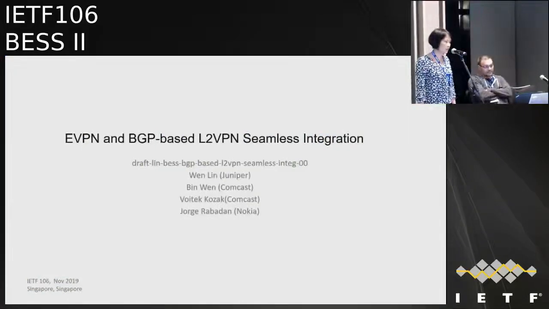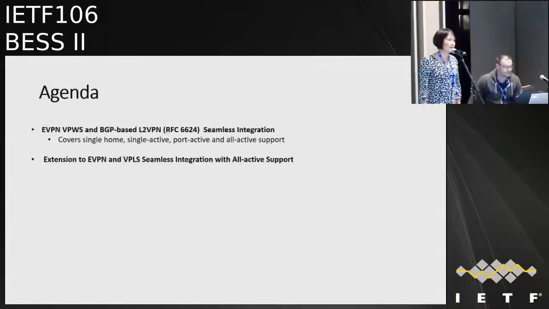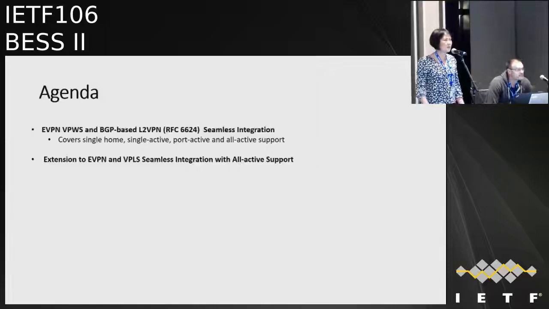Today, I'm going to talk about EVPN and BGP-based layer 2 VPN seamless integration on behalf of the co-authors on the list here. The agenda for this presentation is, first, we're going to cover seamless integration for point-to-point VPWS pseudowire between EVPN VPWS and BGP-based pseudowire, and how to support single-home, port-active, single-active, and all-active.